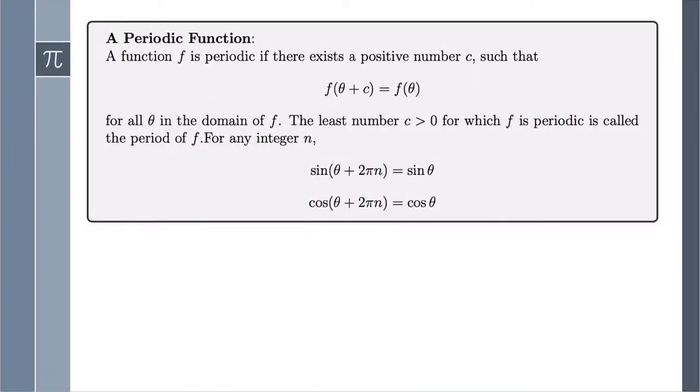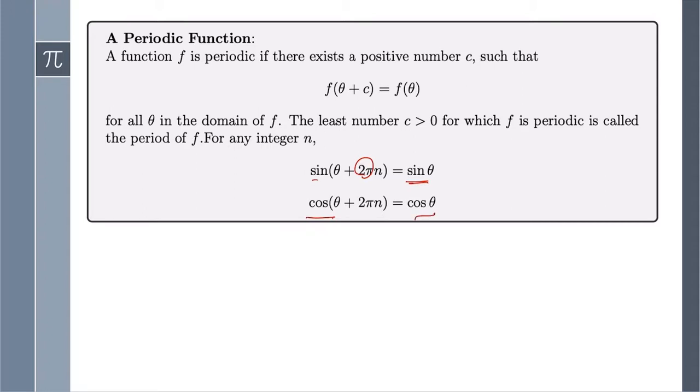So for example, day and night are periodic. Seasons are periodic. After a year, we get the same season. Day and night is a periodic function because every 24 hours we get the same time. So similarly, the cosine and sine functions are periodic functions because after every 2 pi, when you go through 2 pi, we get the same value for sine, and it's true for cosine as well.